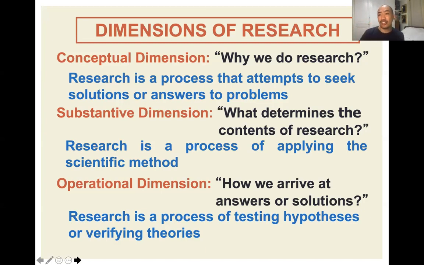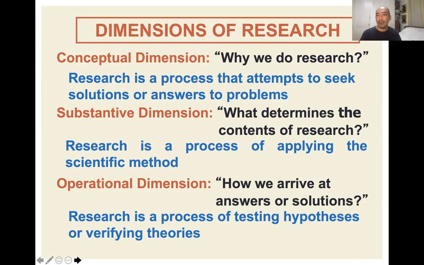There are three dimensions to research. One is the conceptual dimension, which basically asks, what do we do in research? And research is actually seeking answers or solutions to problems. The substantive dimension asks what determines the content of the research. And we say research is the process of applying the scientific method. And therefore, there's a method that we apply.